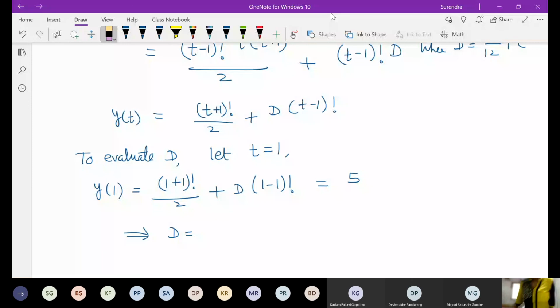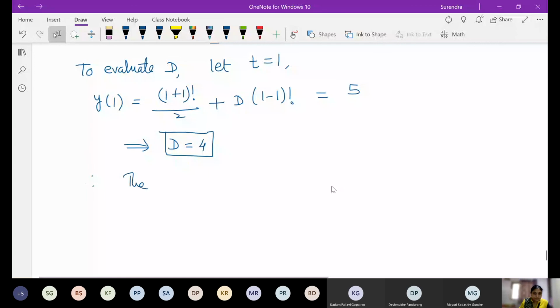So d is my 4. Therefore, the required solution is given by yt is equal to, what was that?